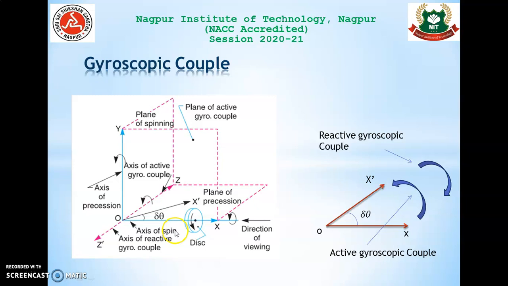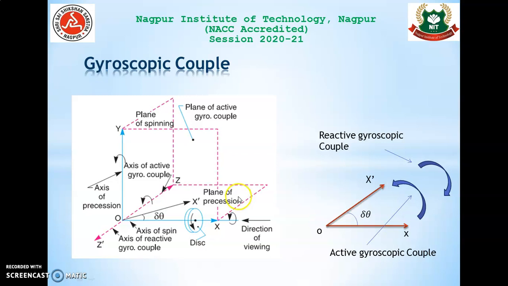The plane on which the disk is rotating is called the plane of active gyroscopic couple, and the plane perpendicular to this, that is the plane YOZ, is called the plane of spinning. The horizontal plane XOZ is called the plane of precession.